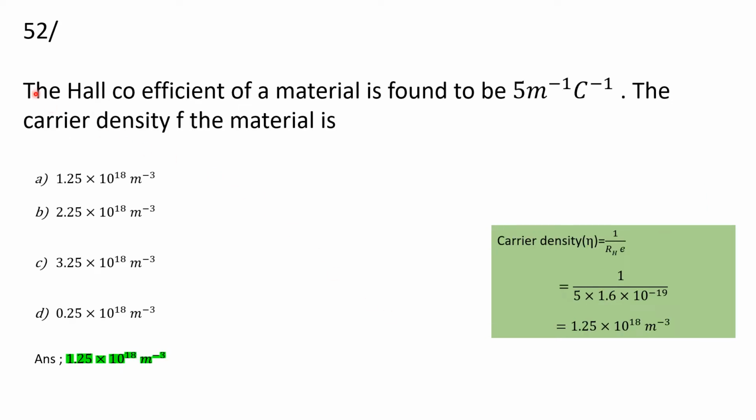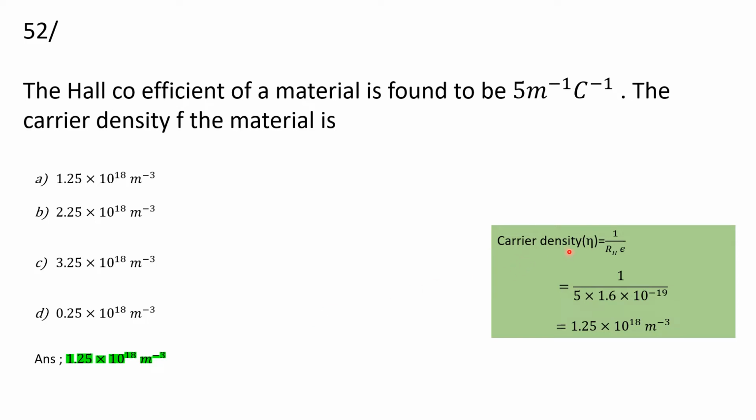Then the Hall coefficient of a material is found to be 5. For the typing mistake, this is meter to the power minus 3 and C to the power minus 1. The carrier density of the material is, and the options are 1.25 into 10 to the power 18 per meter cube, 2.25 into 10 to the power 18 per meter cube, 3.25 into 10 to the power 18 per meter cube, and 0.25 into 10 to the power 18 per meter cube.